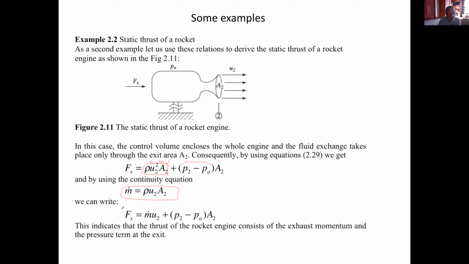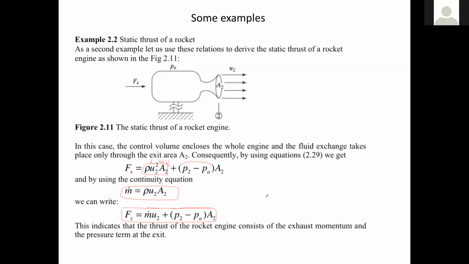So we end up with the force equal to the momentum term plus the pressure term. That would be the thrust of a rocket, and that formula is pretty much used in rocket design. So this is example one, just to show how simple that formula is. Make sense? Yeah, it makes sense.